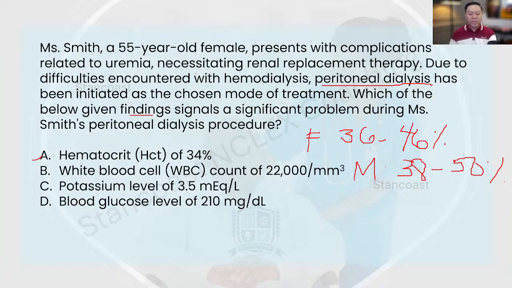And so, looking at the range here, our patient has a low hematocrit, but does it contraindicate the use of peritoneal dialysis? Probably not. We understand that it is low, right? The hematocrit will give us an idea how the red blood cells compare to the amount of plasma.